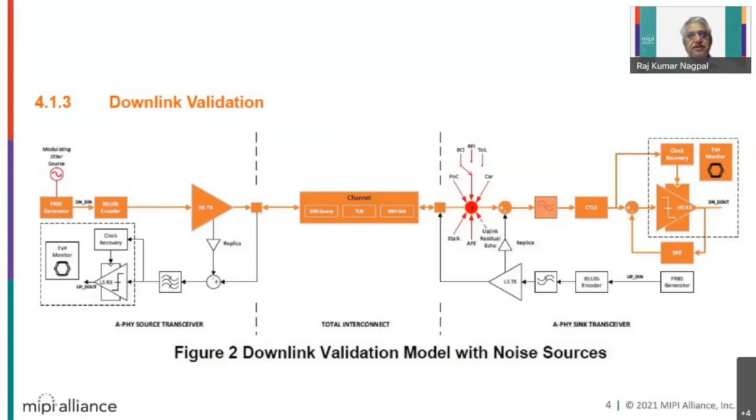Even when you are doing an initial training or equalization training or CDR training, these noise sources are present. So in those noise source environments, your link should be capable of working, should be able to lock, and should be able to retain the required symbol error.